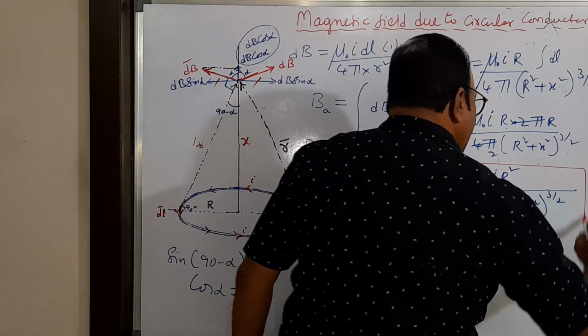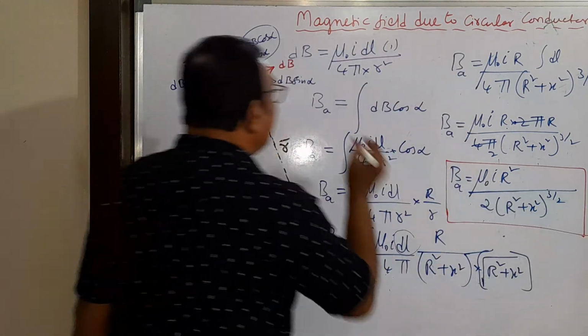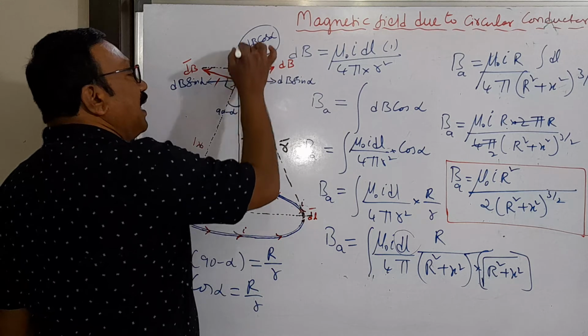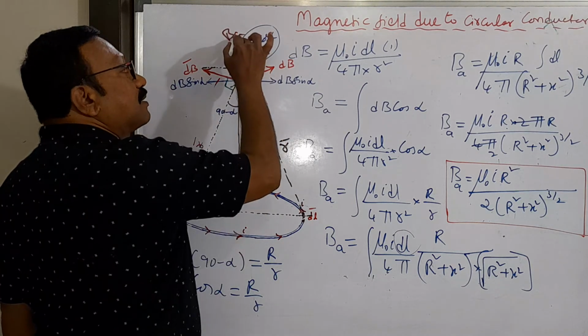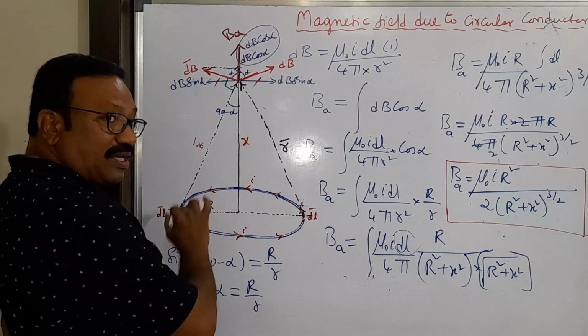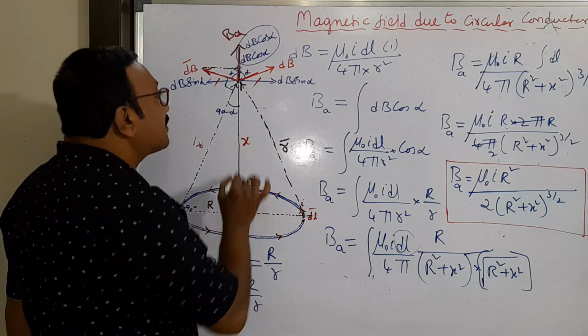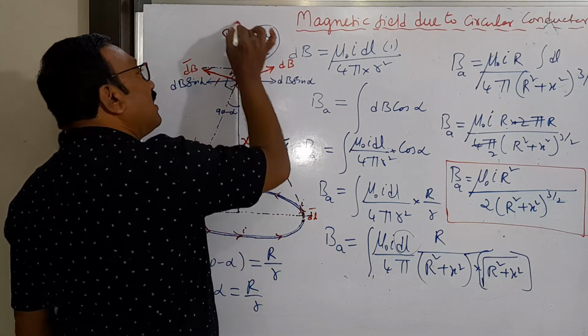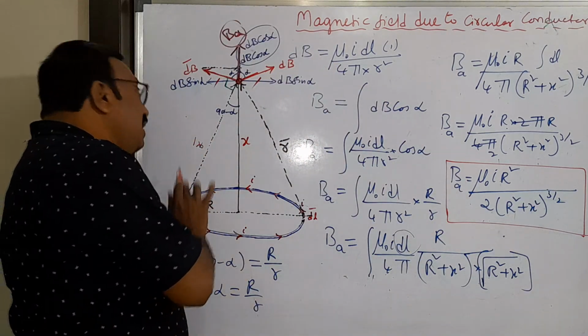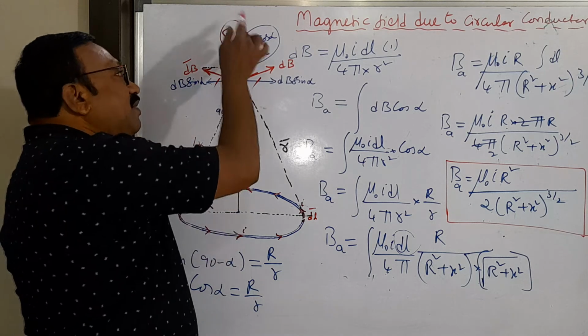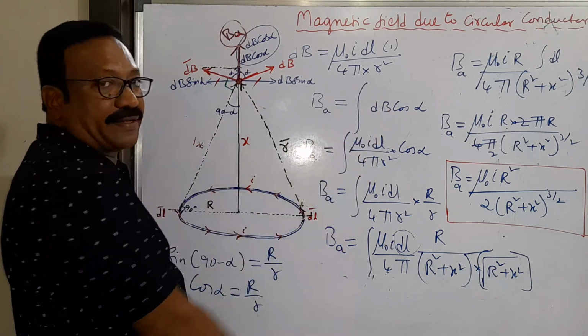So what did you derive here? You have derived the magnetic field on the axis due to the total circular current carrying conductor at a distance x from the center. The magnetic field due to an element is dB, but the total magnetic field is B axial because you have integrated already.